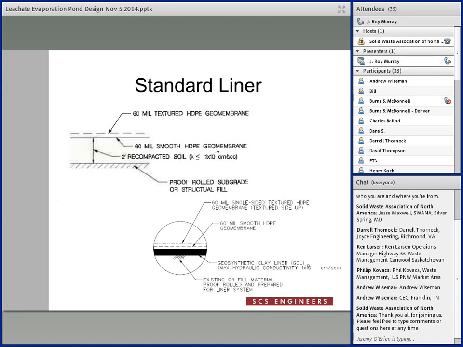These are just details of those liners showing the 2 layers of 60 mil HDPE geomembrane, the 2 feet of recompacted clay with hydraulic conductivity of less than 1 times 10 to the minus 7 centimeters per second, and the subgrade.